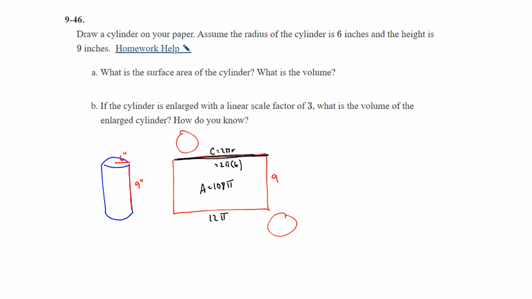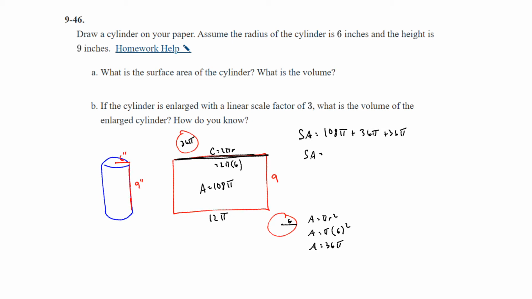And then the circles, we have radius of 6, and the area there is pi r squared. So the area is pi times the radius squared, 6 squared, is 36 pi. And since there's another one over here, that's times 2. So therefore, the surface area is equal to 108 pi plus 36 pi plus 36 pi, or 2 times 36 pi.